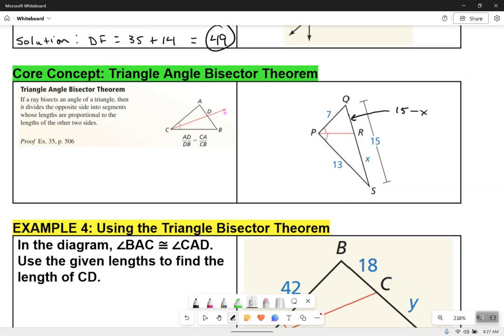If that ray divides the opposite side into segments whose lengths are proportional to the lengths of the other two sides, that's kind of confusing. Okay, I'm going to put some stuff in here. I'm going to put an X and a Y right here, and an A and a B right here.